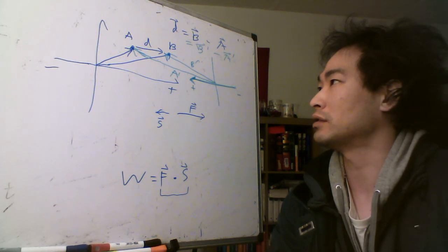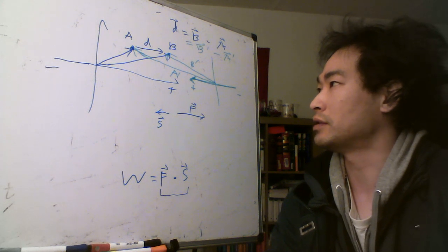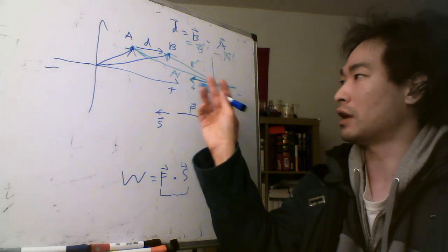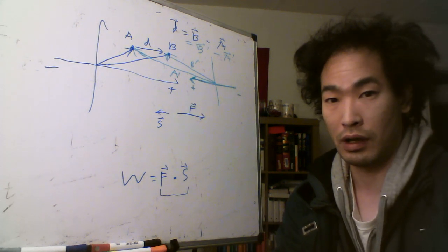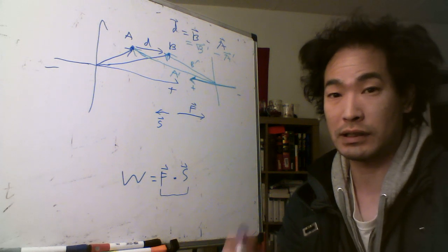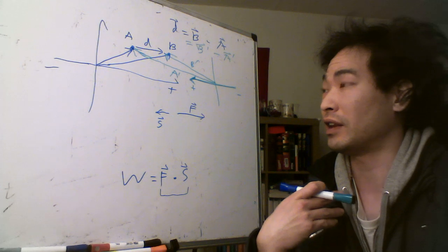Okay, contravariance happens when two coordinate systems have opposite direction. Okay, a change that is positive to you is some change that is very negative to me.